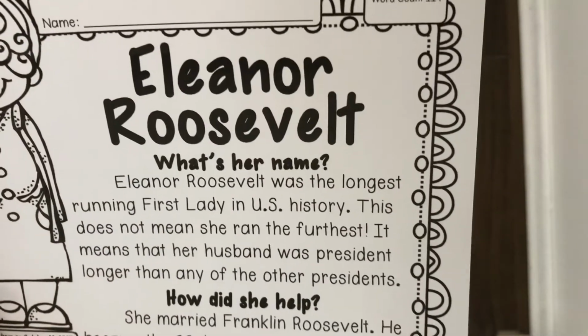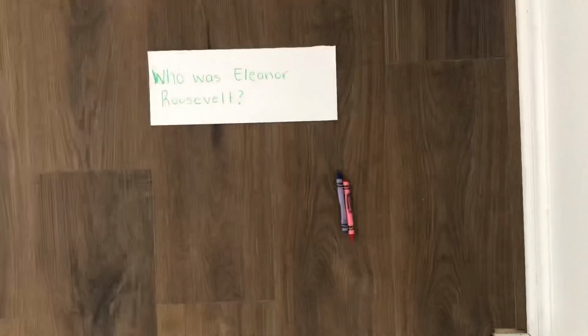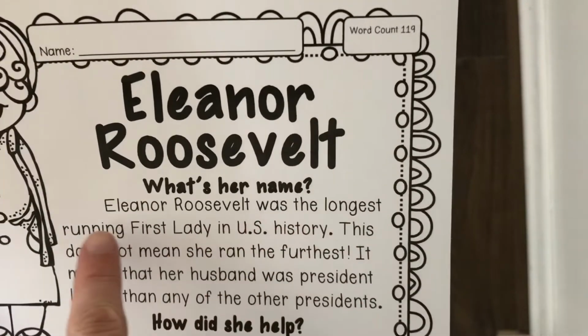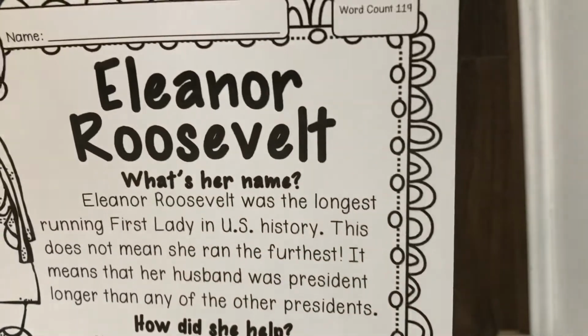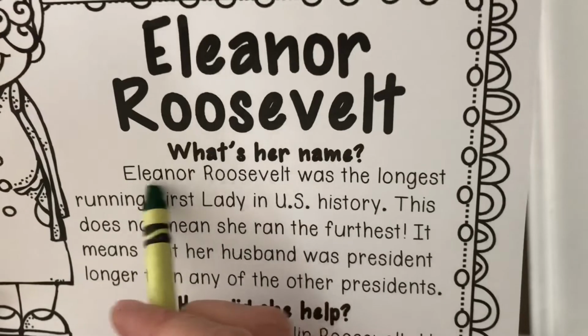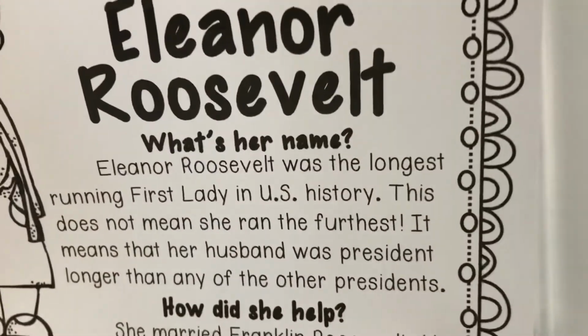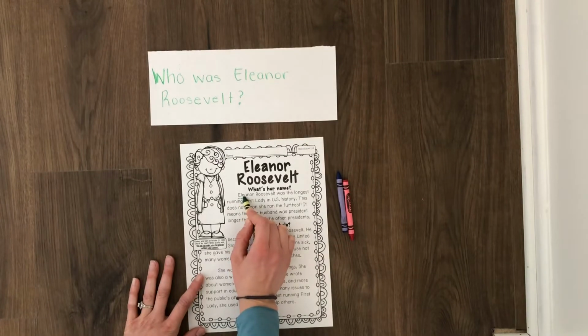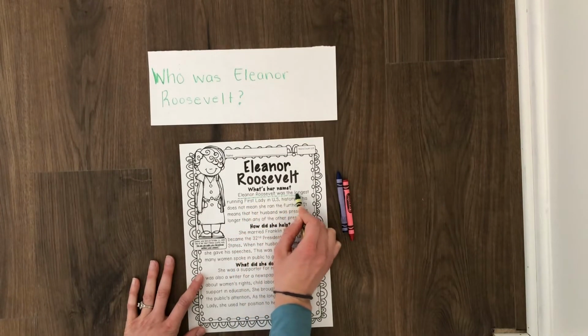I think that answers the question, who was Eleanor Roosevelt? She was the longest running First Lady in U.S. history. So we are going to highlight or underline that sentence. Okay, so I'm going to underline it with the green crayon.